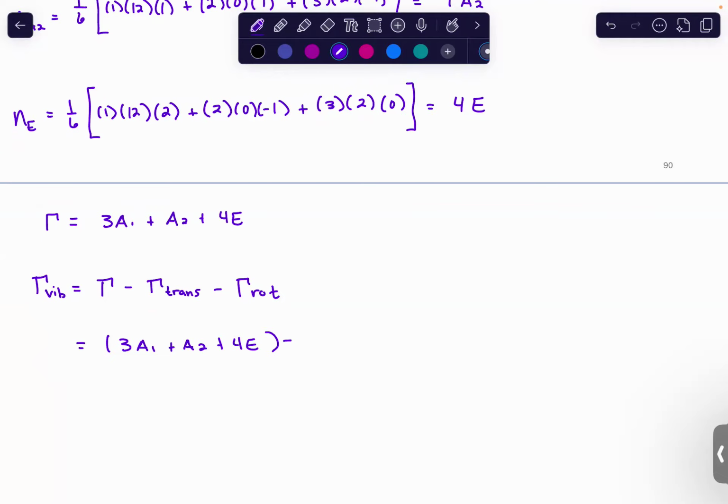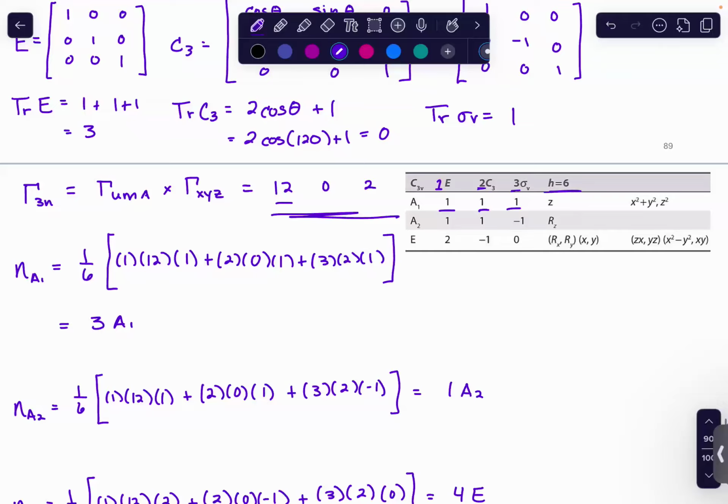Now, let's think about gamma of translation. What groups up there? So I want you to try, even if you just have to give it your best guess. Which symmetry groups up there represent translation? Translation, remember, is in a single dimension. What are the 3 dimensions a molecule can move in? The 3 dimensions, like the XYZ. So which symmetry groups represent those translations?